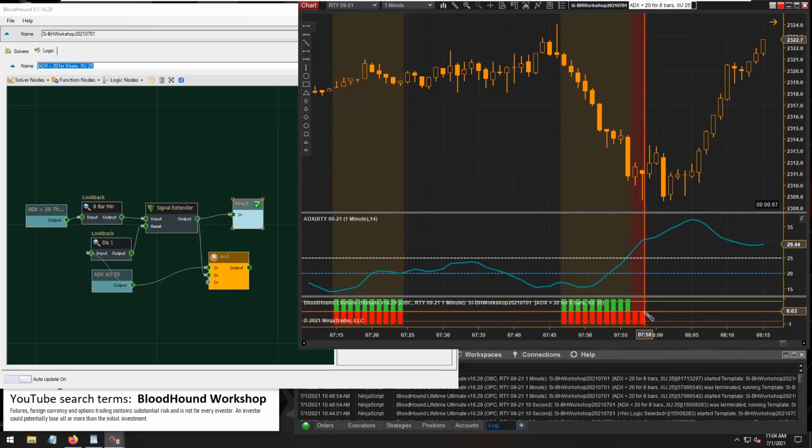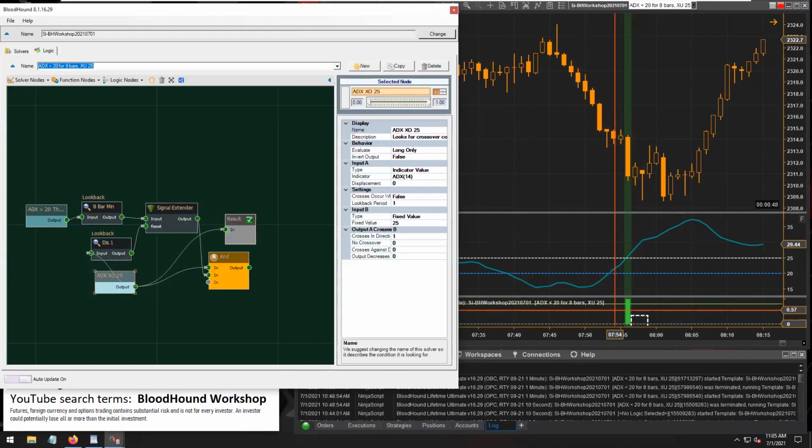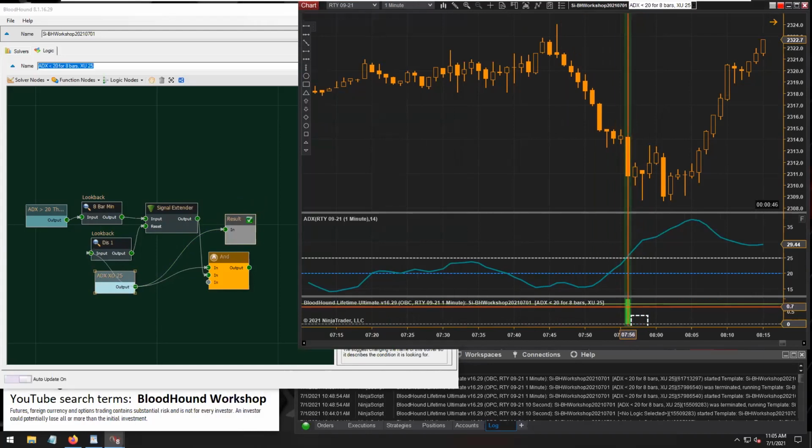However, we're getting 2 extra short outputs there. We're getting 2 extra bars with a short output there. And that's because our crossover is only giving us a long output only.